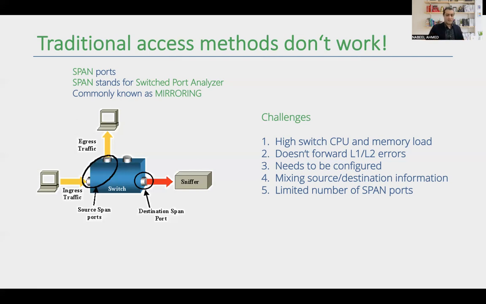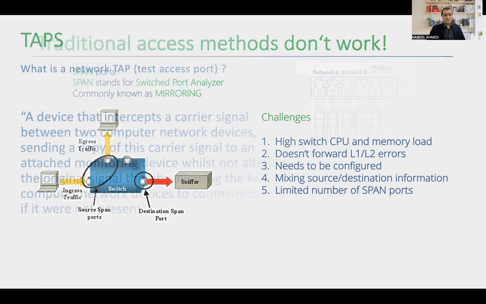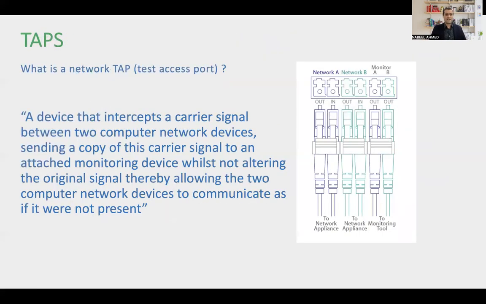That means we can't have proper visibility of our data networks if we just use the traditional method. So that's why I'm going to discuss a new or better method, which is called taps. Well, this is not a water tap. This is Test Access Port. What is a tap? A tap can be a device, or a function which can be incorporated into a switch.